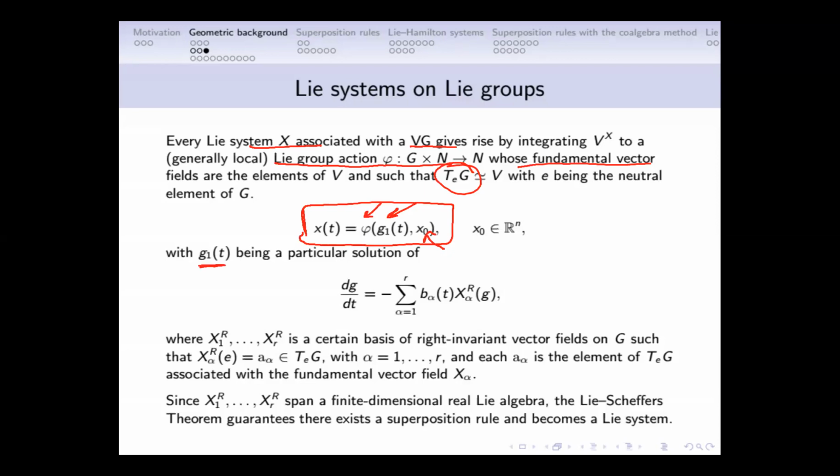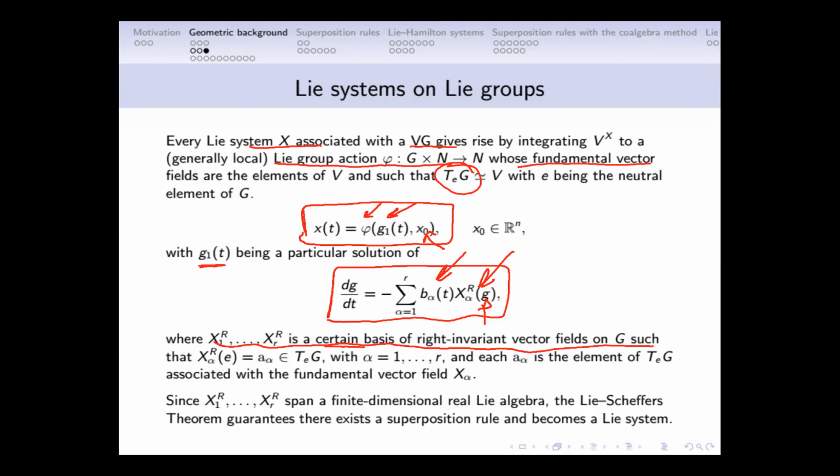And this particular solution is the solution of this equation, which is, as you can see, another combination of time-dependent coefficients and some fields defined on the group that close a finite dimensional Lie algebra. And these fields are the right invariant vector fields as a certain basis in the group.